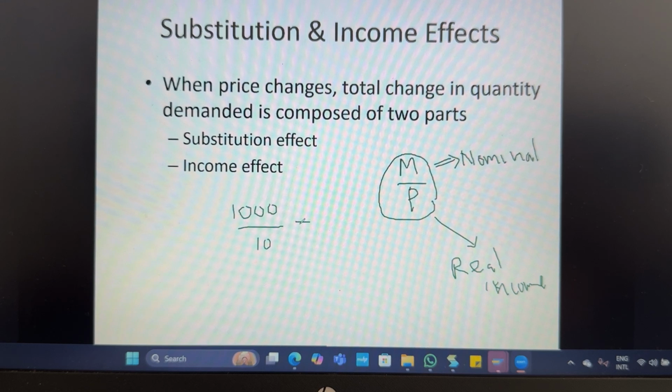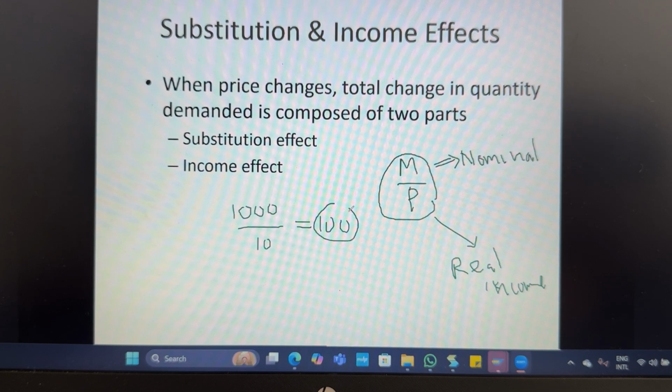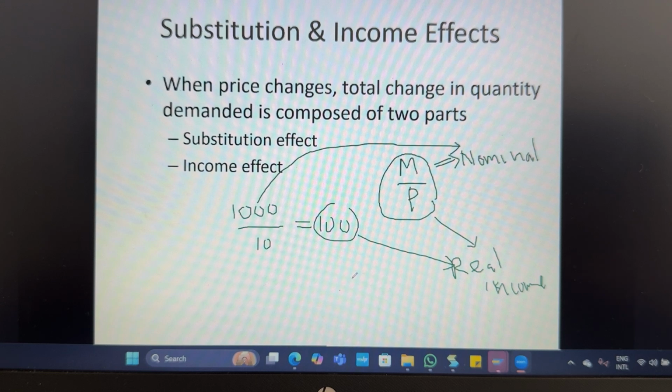So spending this 1,000 rupees, how many X units can you purchase? 100. Your real income is 100. Nominal income is 1,000. What will happen to your real income if the price of X doubles?